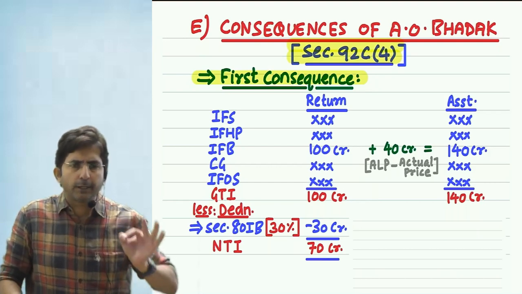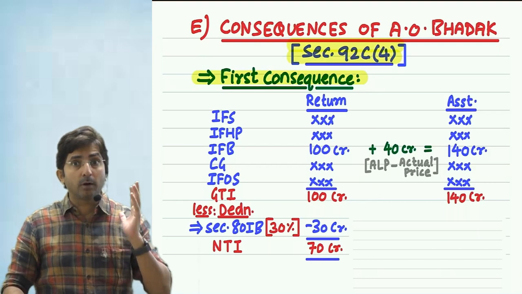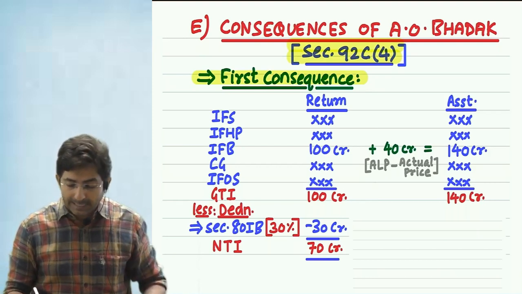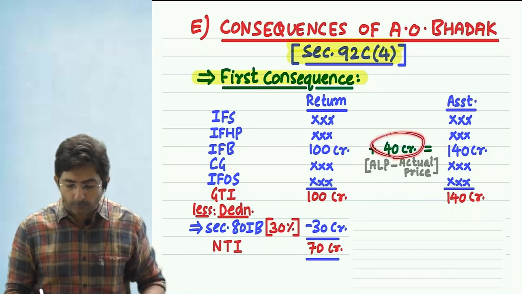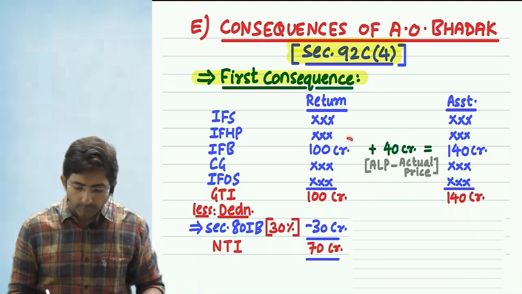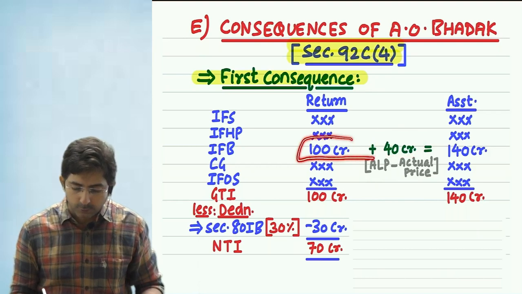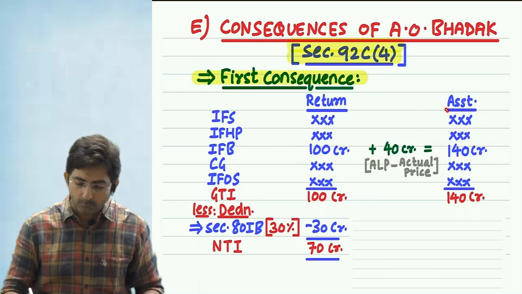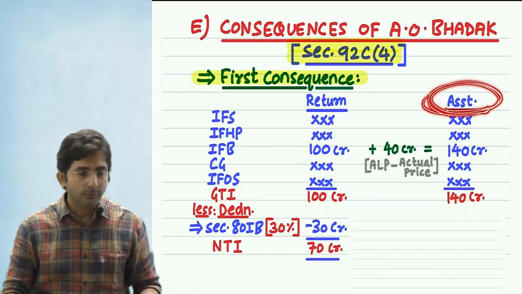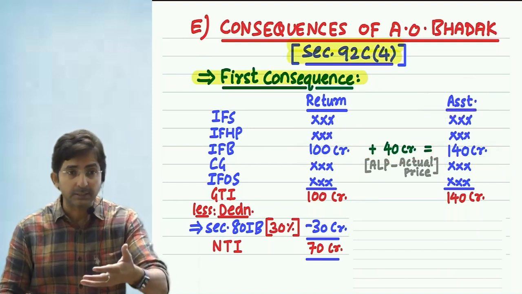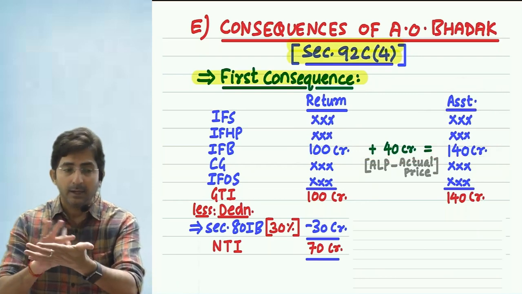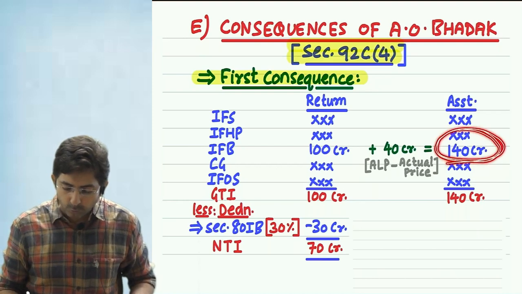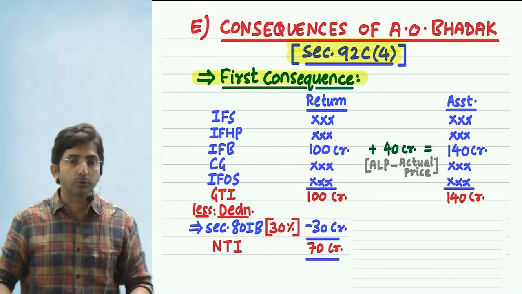The AO might have computed the ALP and then the difference with the actual price comes to, say, 40 crores. So the income the assessee has shown in the return has changed to 140 crores. See what I have written here, assessment. After your scrutiny is done, the AO passes an assessment order. So in the assessment order, your income has changed to 140 crores.